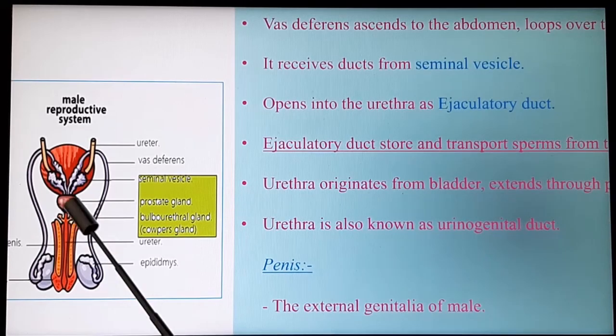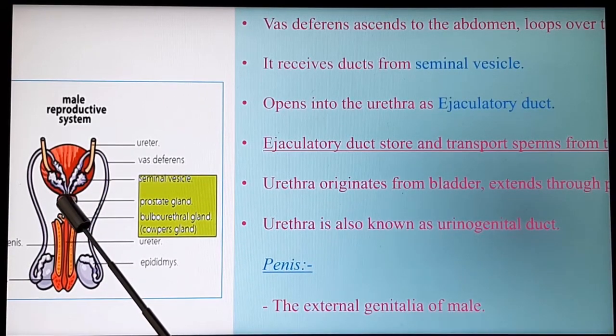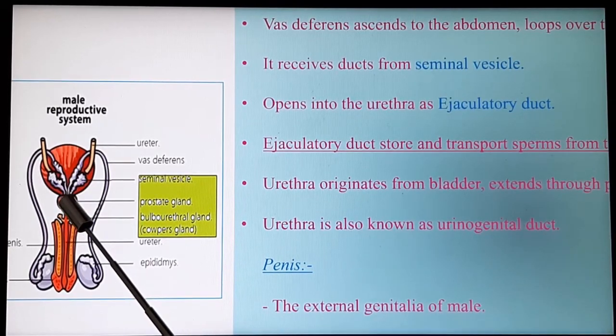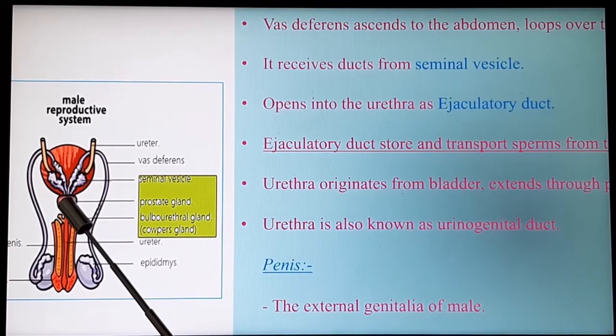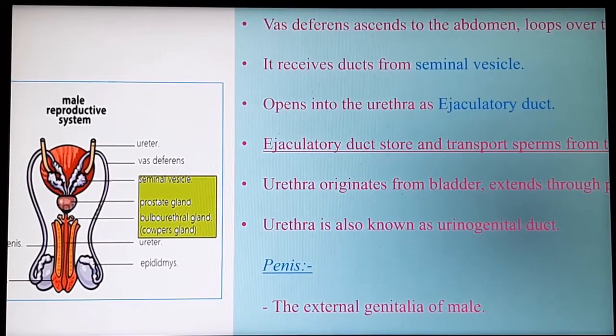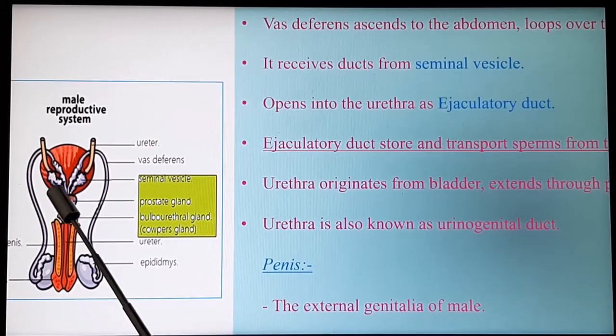Into that urethra, first the ducts of the seminal vesicles join along with the vas deferens. This portion is known as the ejaculatory duct.